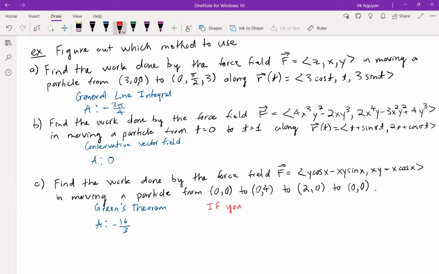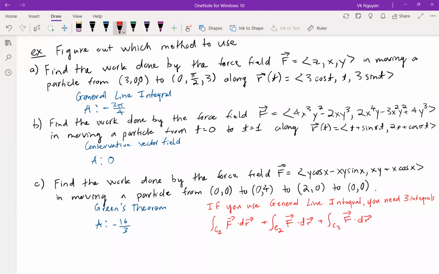With the general line integral, you have to do three line integrals. You need three integrals: the integral over C1 of F dot dr, the integral over C2 of F dot dr, the integral over C3 of F dot dr. C1, C2, C3, most of you see you just go from one point to another.